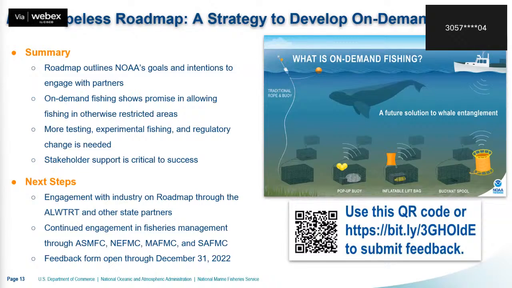So we know that is not cost effective today. And in fact, the primary way that fishermen are gaining access to using on-demand gear is for free through the Center's lending library. We support that approach and think it's the best way to get this gear in the hands of those fishermen who'd like to use it. But it inherently acknowledges that the gear is too expensive for fishermen to go out and buy it themselves at $4,000 a unit.